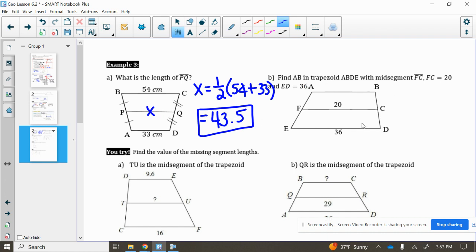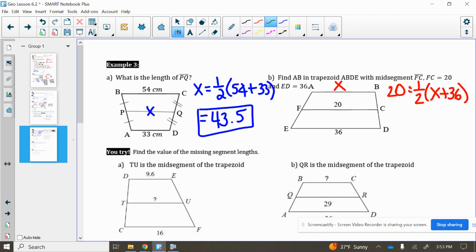What happens if you're not looking for the mid-segment? Instead, you're actually looking for one of the bases. Well, the facts don't change, right? The mid-segment is going to equal 1/2 of our base plus our base. This time, though, we just happen to be looking for the value of one of those bases.